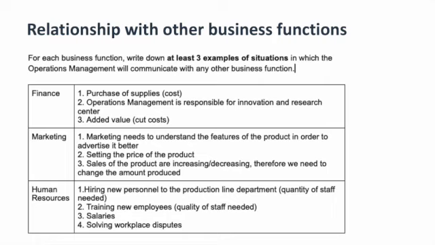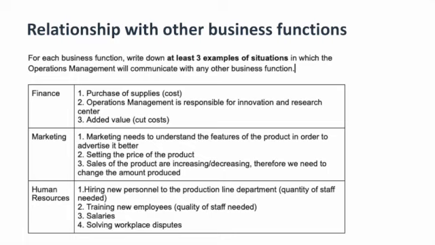Then obviously we need to set the right price for the product, so this is closely linked to pricing strategies. Sales of the product are increasing or decreasing, so we might also be discussing these sales trends with marketing, and therefore adjust our production amounts.